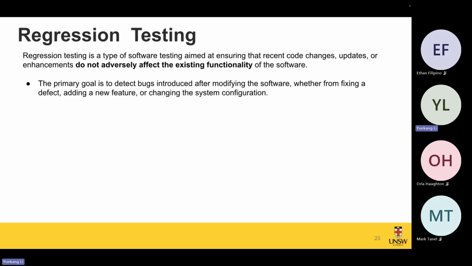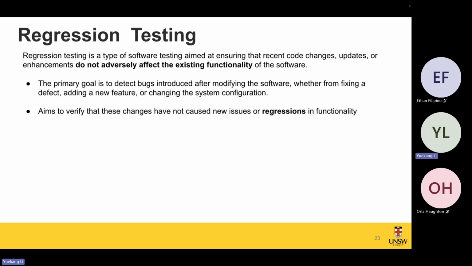So the output of the previous version of the program automatically becomes the test oracle here, right? This is the spirit of regression testing. It tests whether the new features introduce new issues or regressions of existing functionalities. That's why it is called regression testing.